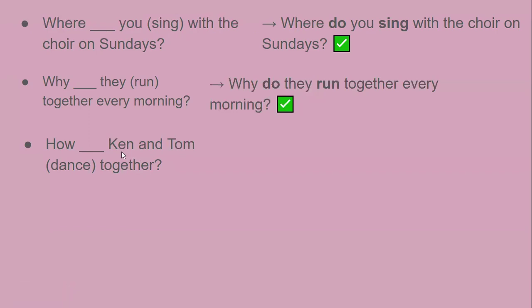It's a he and he, but like I said in the previous video, we take them as a collective. So Ken and Tom is the same as they. And therefore, as you saw in the previous example, for the subject they, we use do. So the correct sentence is, how do Ken and Tom dance together?